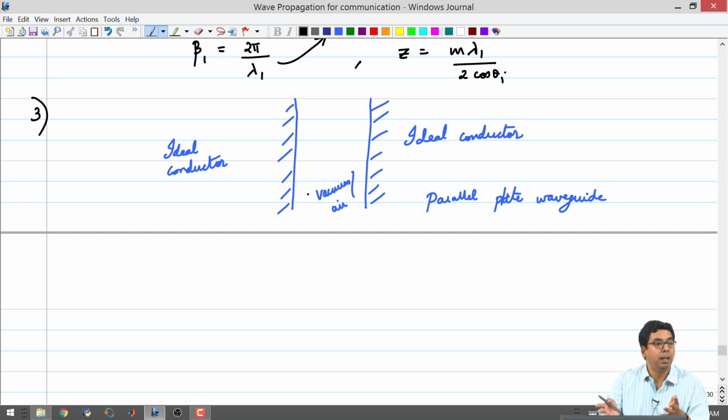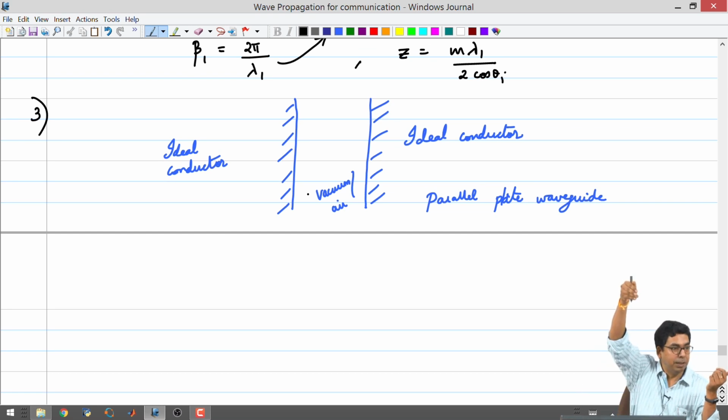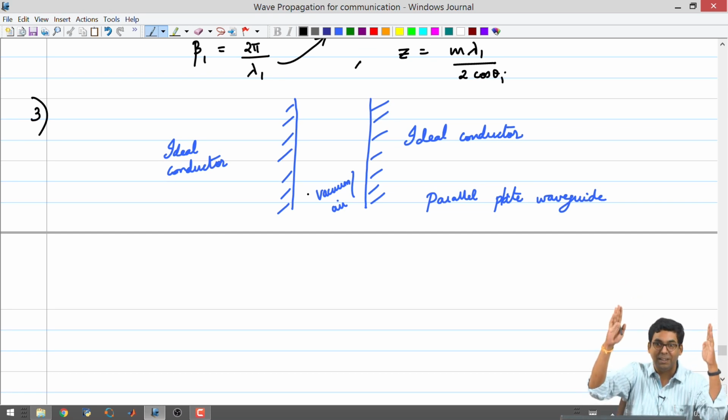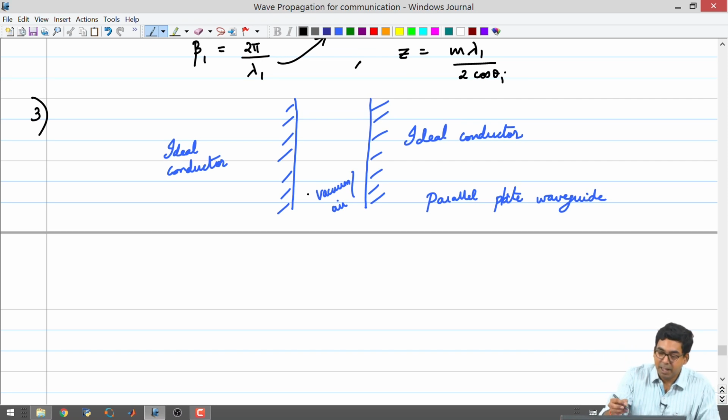So, it is not a fixed delay, it could be a variable delay, right. It could go all the way from infinite delay to almost no delay compared to a homogeneous medium if you launch it straight in between these two plates, right. So, it is a delay element, all right, but it is a variable delay element if you do have control over the angle of launch of the electromagnetic wave.